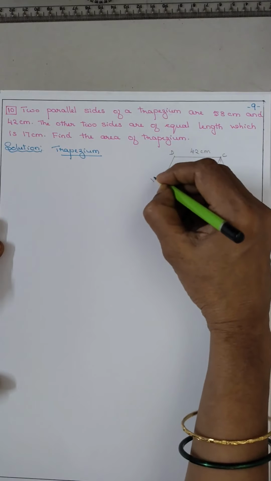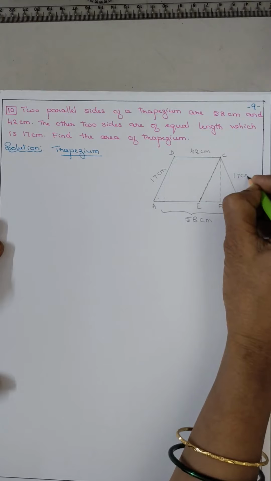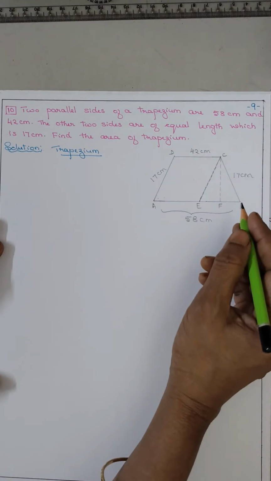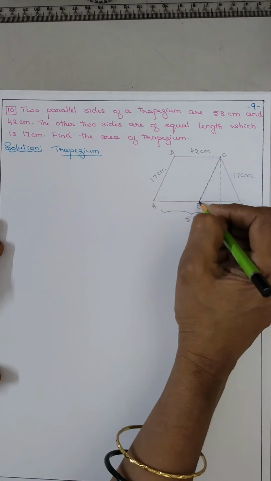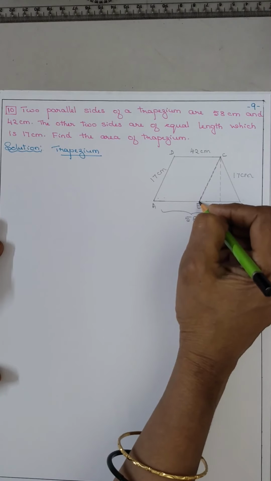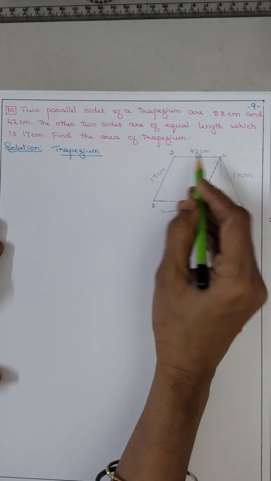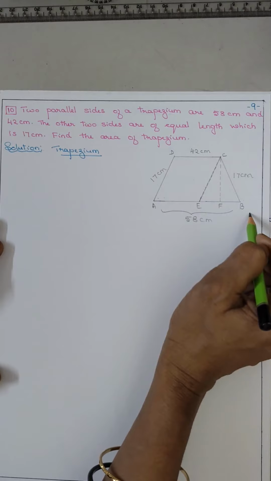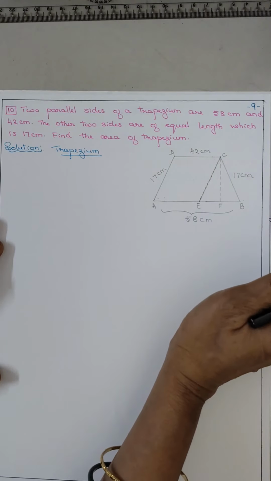It is 17 centimeter. तो पहले सिर्फ आप लोग ये ट्रेपेजियम ड्रॉ करने का है, फिर आप लोग ये सीई ड्रॉ करने का है ना। सम में कैसे करते हैं, AB is given, CD is given and AD and CB are given, but we have to find out the height, we don't know.